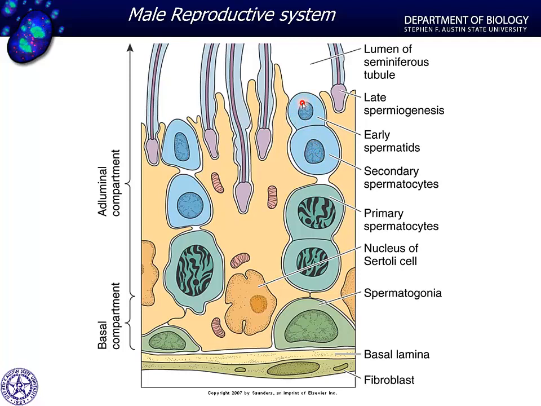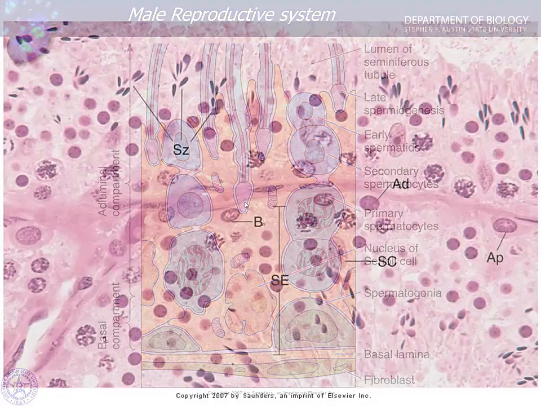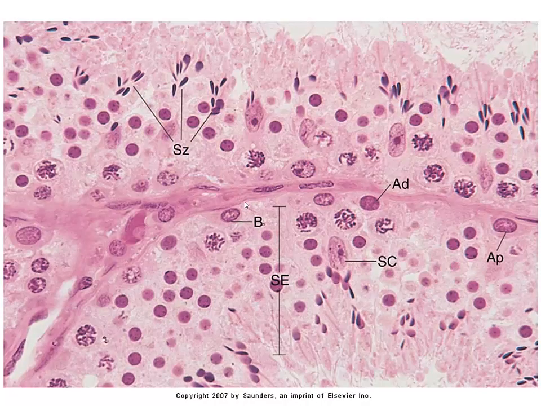So if you see round cells higher up, certainly away from the base, and they do not have this very two-tone condensed chromatin, then we're going to call this an early spermatid. And what we see here with a flagellum, this is a late spermatid. I don't know why they have late spermiogenesis, but this is a late spermatid. And those are the cells that we're going to recognize in our sections of a seminiferous tubule.